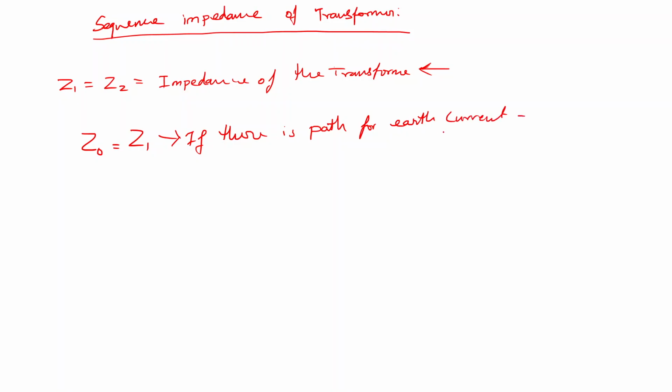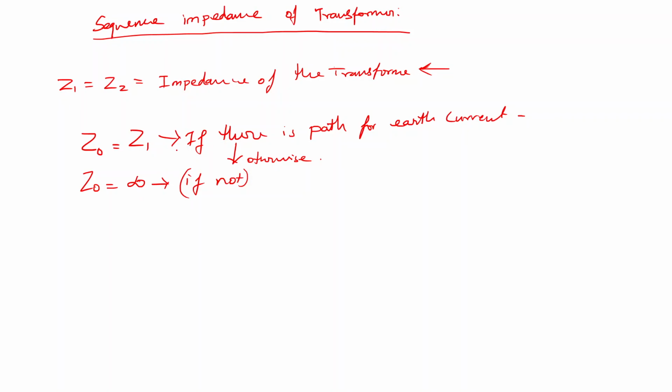So if there is a path of earth current, then this case happens. Otherwise, Z0 is equal to infinity.